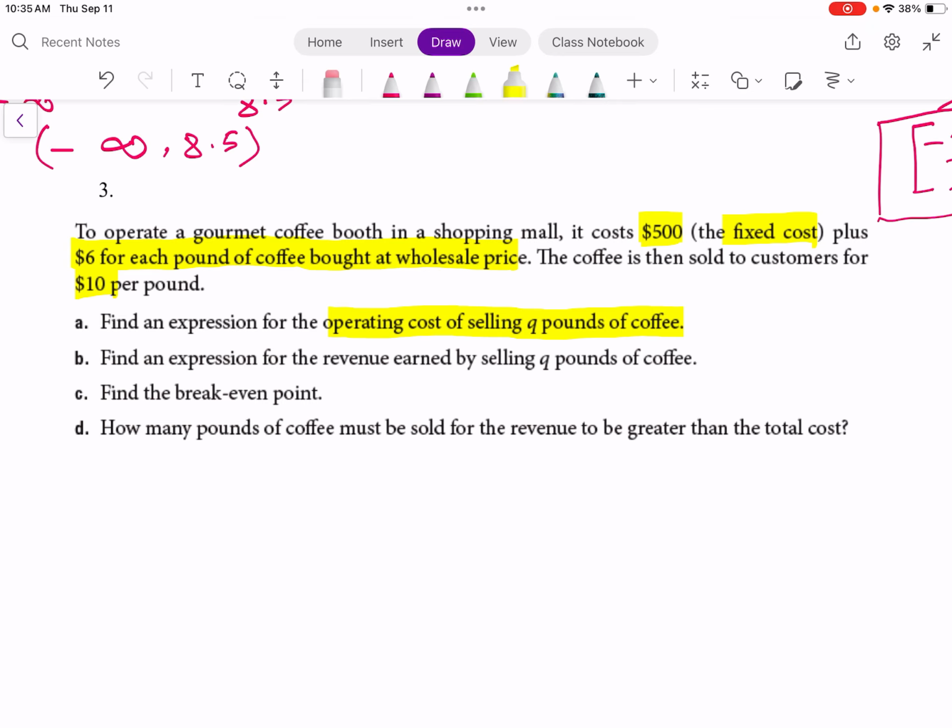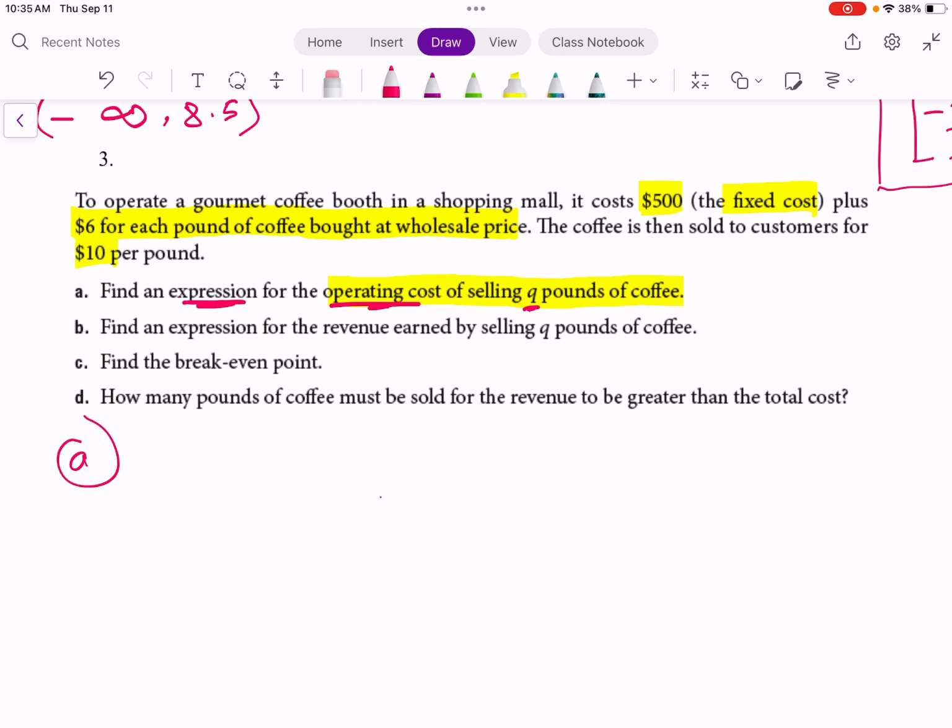Okay, so now here, let's start from A. So we have to find an expression for the operating cost of selling Q pounds of coffee. Now, can you think of an expression for selling Q pounds of coffee? How do we write that down?